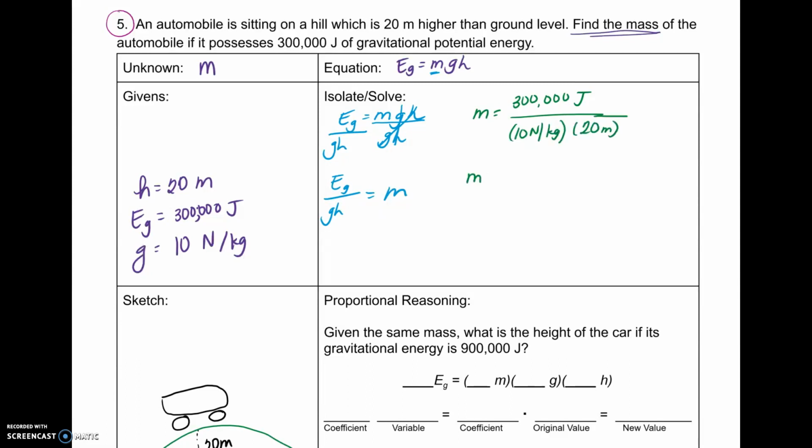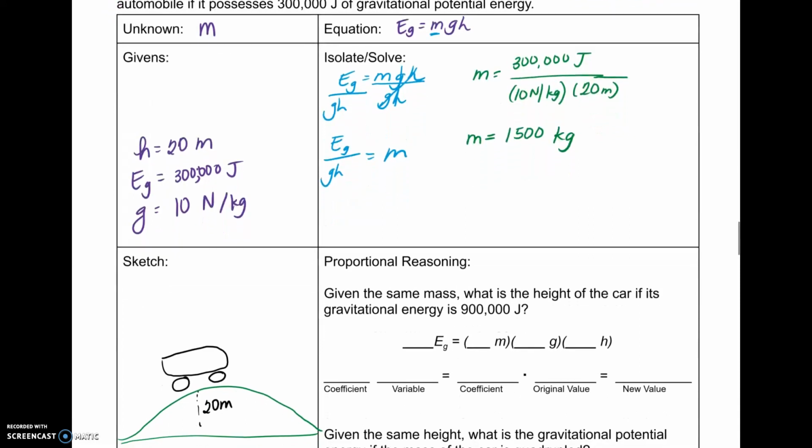Okay, we have mass is equal to, essentially what it is going to be 300,000 divided by 10 times 20. So 300,000 divided by 10 times 20 is 200, is going to give us 1,500 kilograms. And that's our mass.